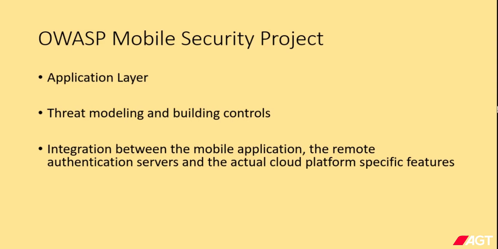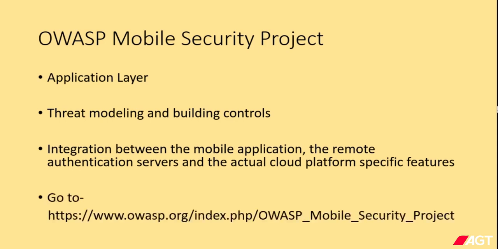In a lot of cases, these mobile applications are communicating with the cloud, right? So they also look at that communication between the mobile device and the cloud environment. They also cover best practices and vulnerabilities around the integration between the mobile application, the remote authentication servers, and the actual cloud platform specific features.